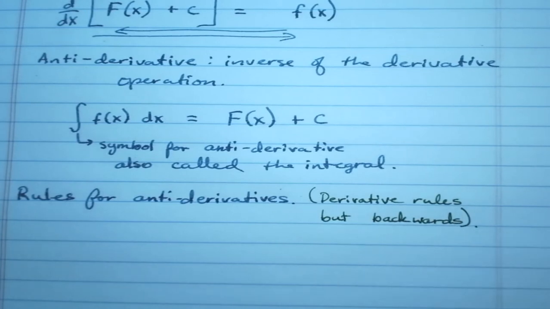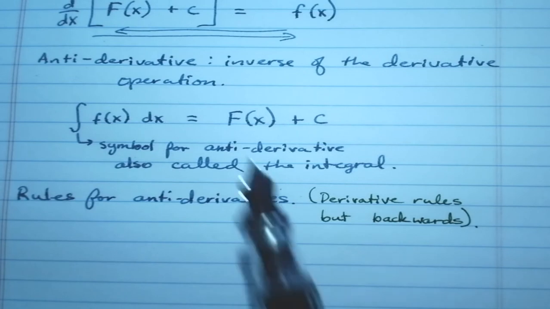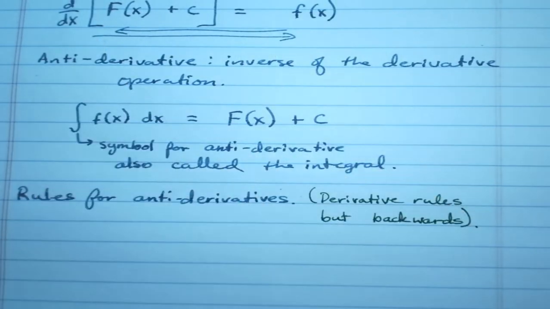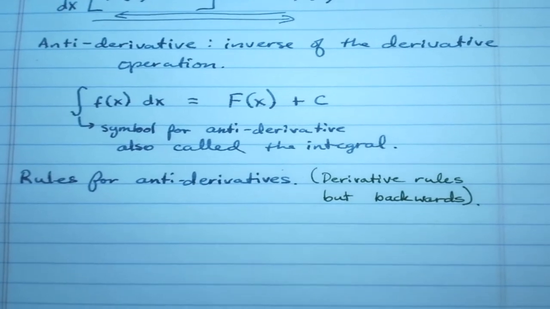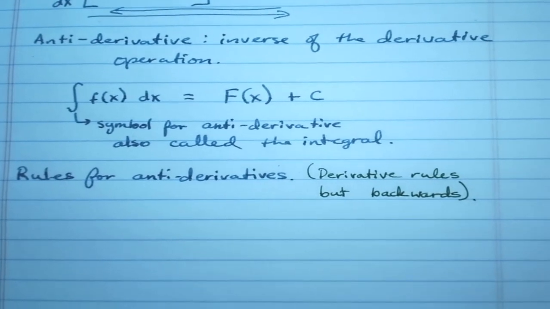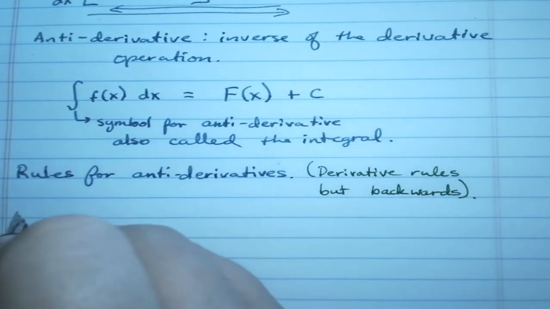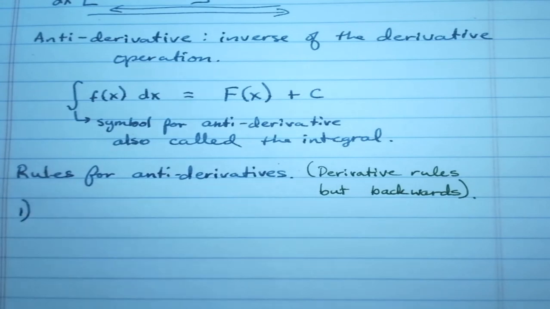It's just going to be your derivative rules, but backwards. Why? Because we're literally going in reverse. We're literally taking the derivative in reverse.